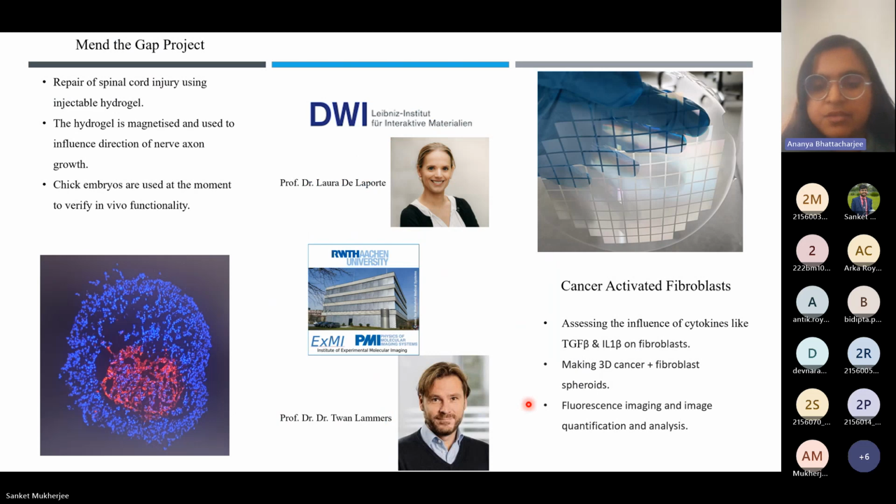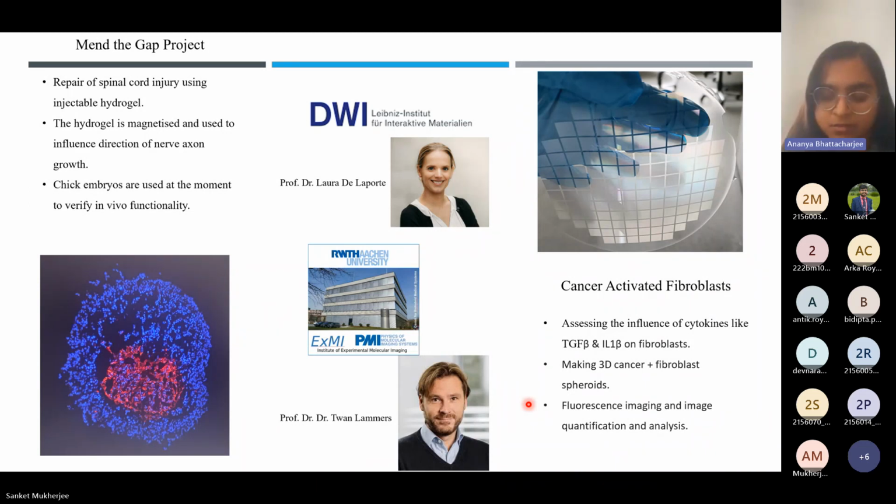So DVE Leibniz Institute of Interactive Material is where I'm doing my part-time job under Professor Lapote, and we are working on a project called Mend the Gap. It's basically a spinal cord injury repair project where we are trying to make an injectable hydrogel.